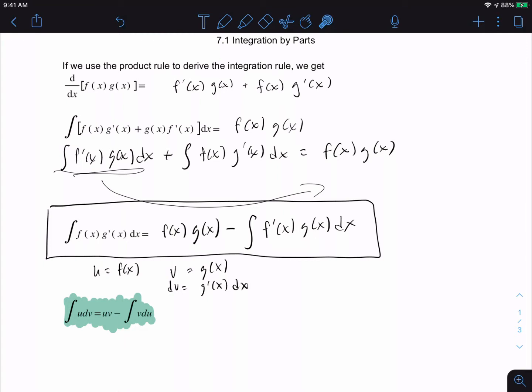And I want to do this correct so you guys can all see this. I didn't put this one in. du is f prime of x dx. And so we see f prime and dx is this guy here, and that's my du. Do you see how it's just substitution?